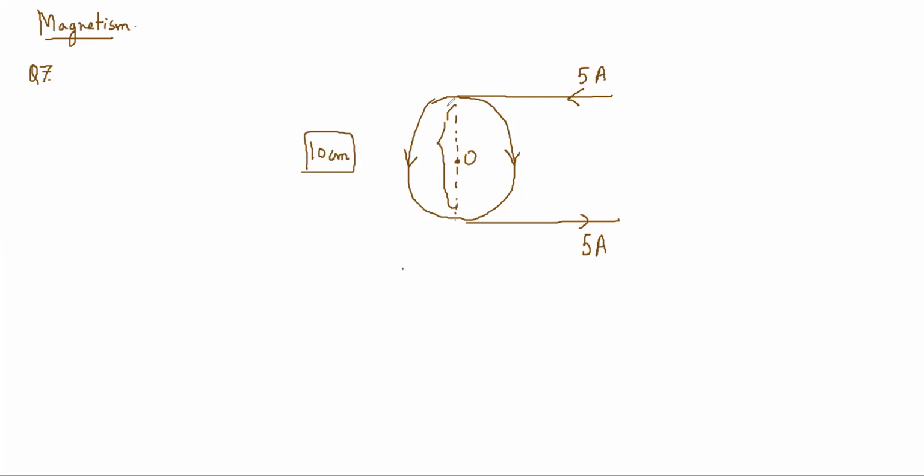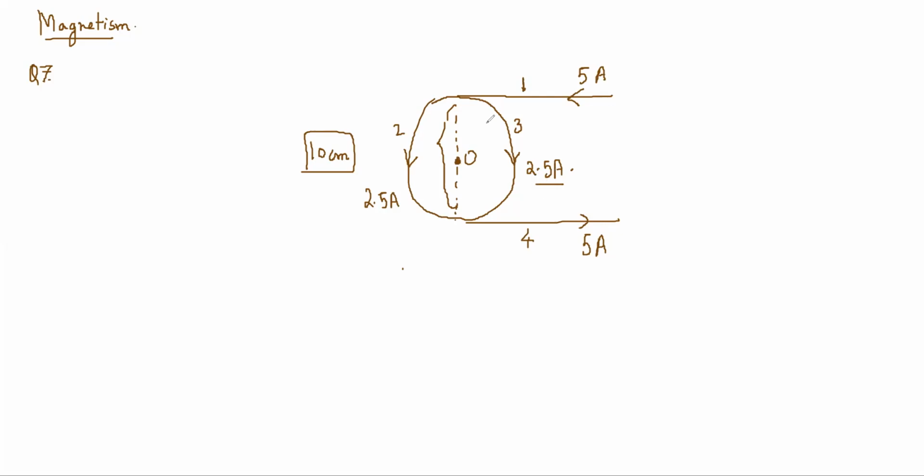So what is happening is clearly this is symmetric, so the current will split in half, right? 2.5 ampere, 2.5 ampere is the current flowing in this one and this one. So there are four components, 1, 2, 3, and 4. You have to find the magnetic field due to each of the components at O and add up all of them.